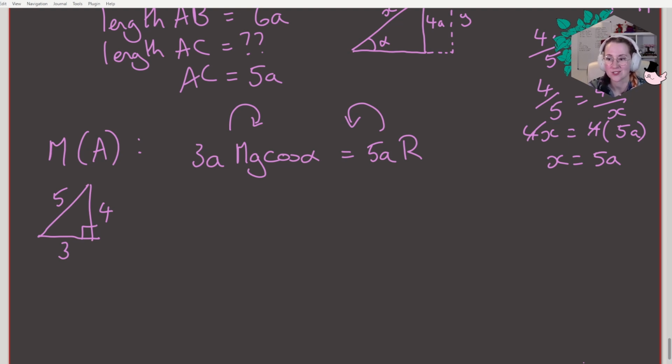So we know that cos of alpha is, if this is our alpha, adjacent over hypotenuse, so it's 3 over 5.